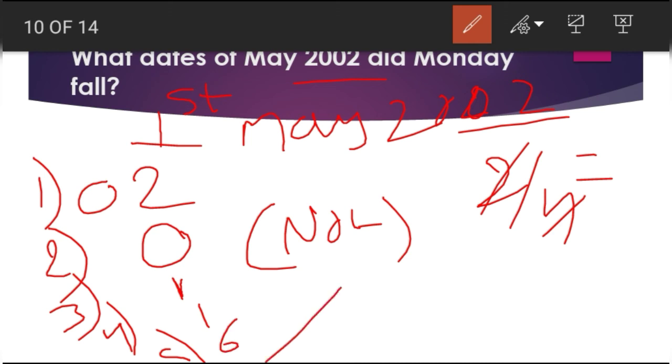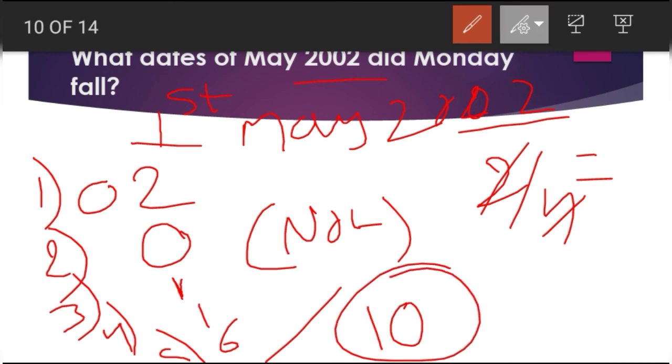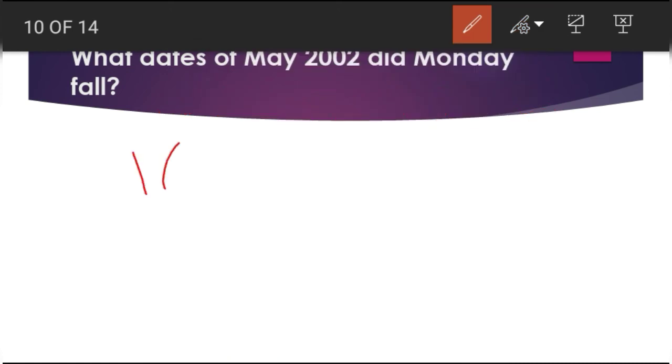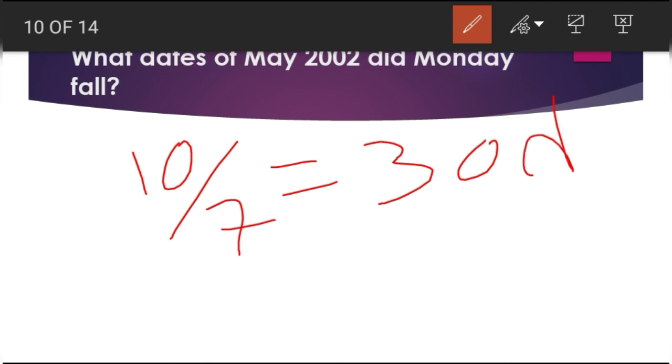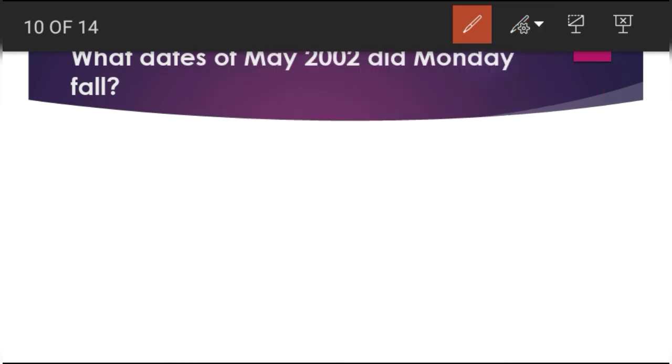Okay, calculate. Total is 10. It is not a leap year, so we don't have to minus 1. 10 by 7 equals 3 odd days. 3 odd days means Wednesday. So 1st May 2002 is Wednesday.